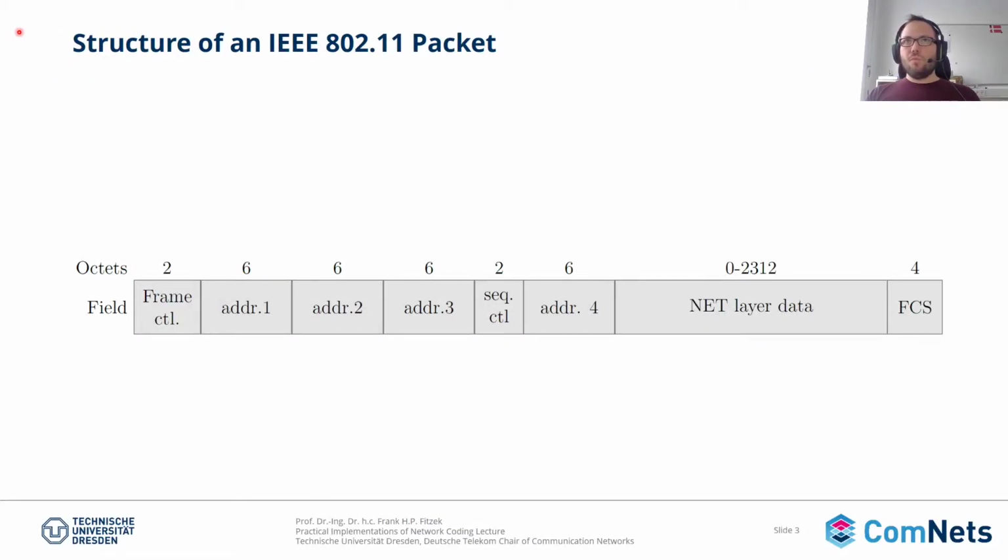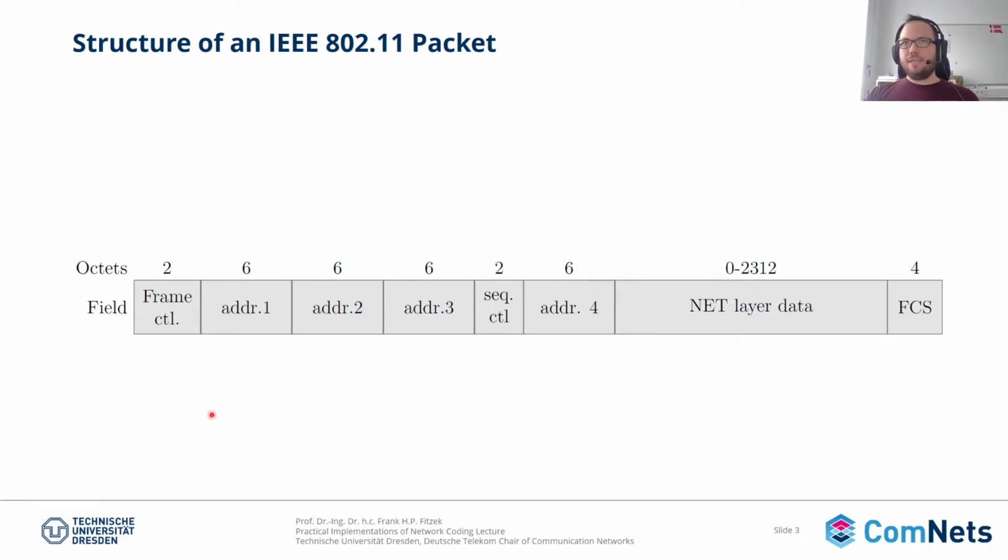When we transmit a packet over the network, usually at the physical layer and at the MAC layer, some forward error correcting codes are added, and these codes try to correct some errors that could happen in the air when you transmit the packet. Usually the packets have this structure. This is the structure of an IEEE 802.11 packet.